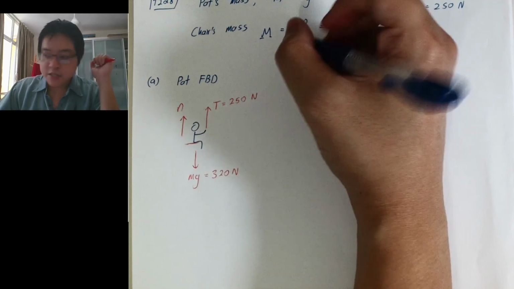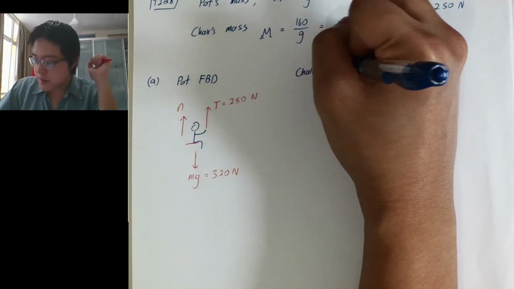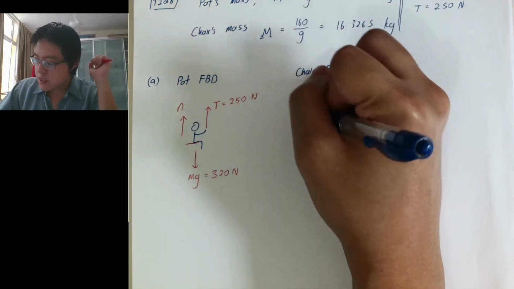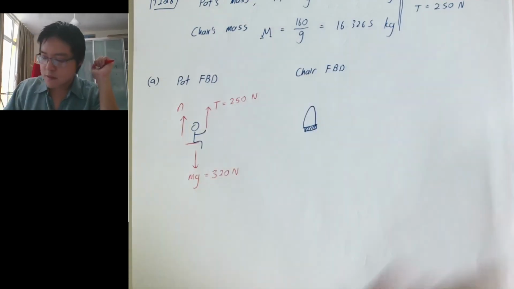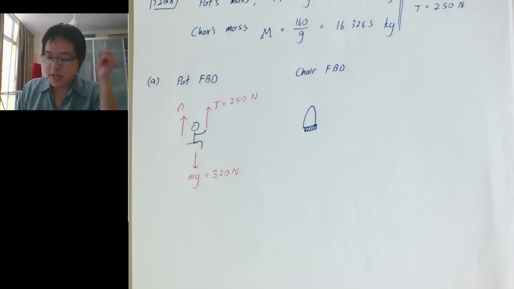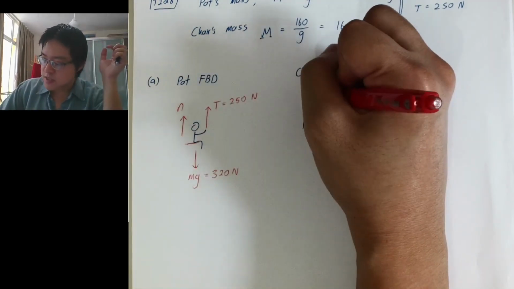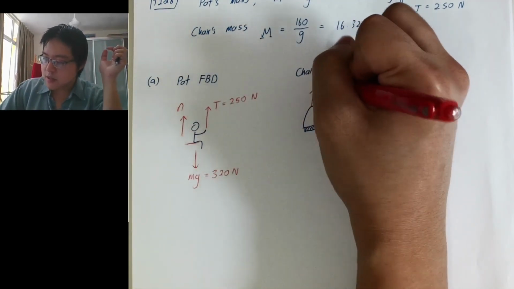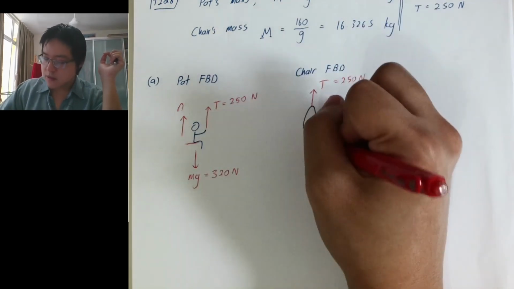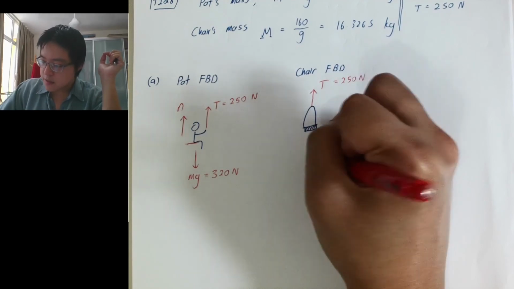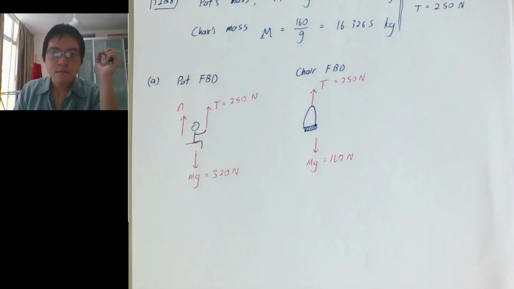How about the chair? So chair free body diagram. We only look at what is acting on the chair only. The chair is attached to the string here, right? So I got the tension T, which is 250. The chair's weight is 160 newtons.